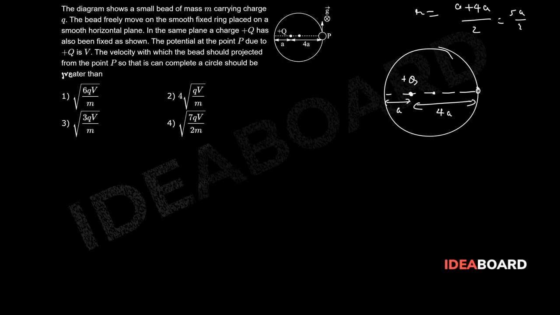Now in this diagram, suppose we have v1 as the minimum velocity. This is the minimum velocity which is required.